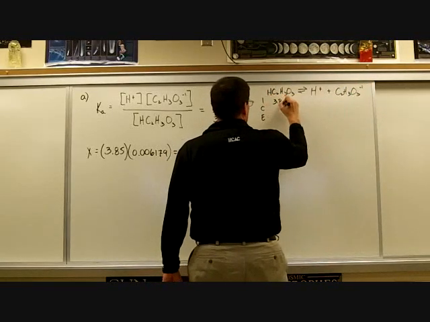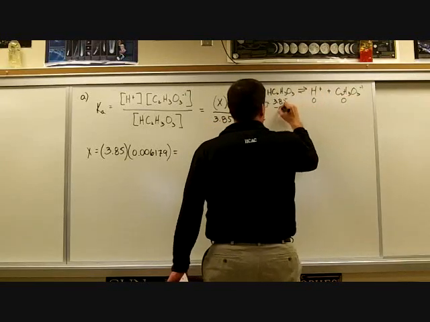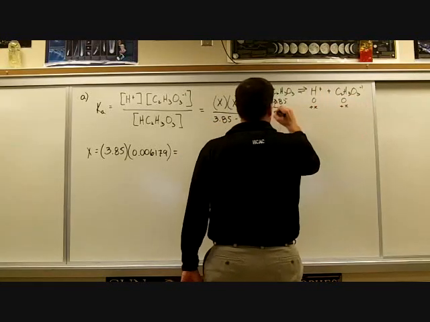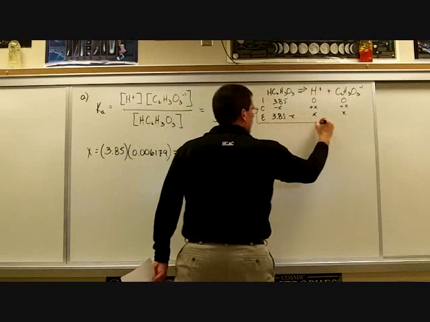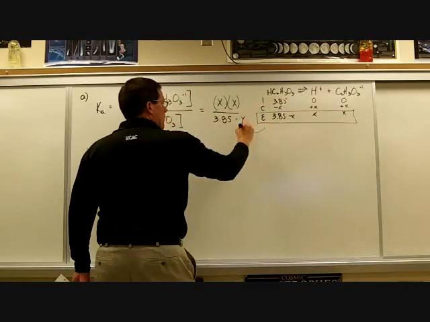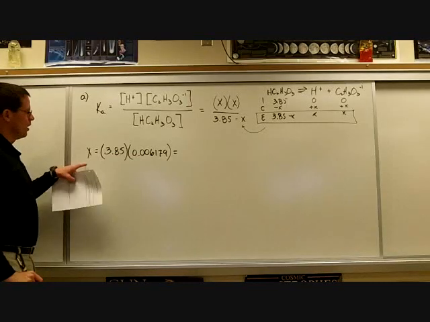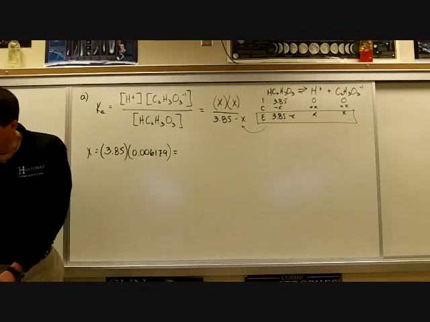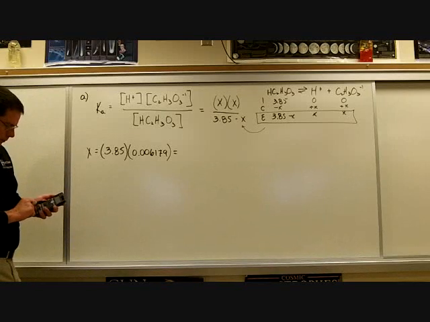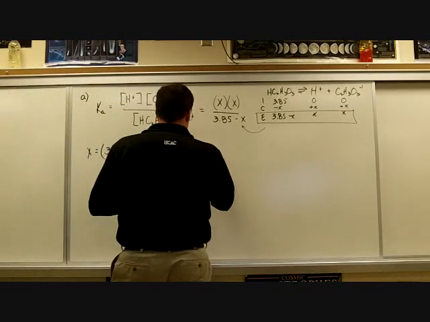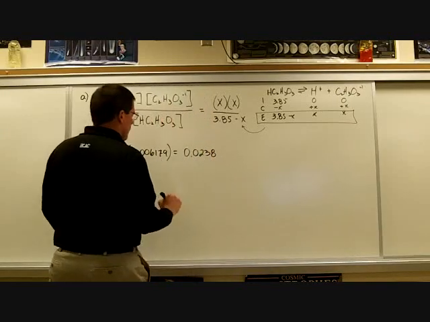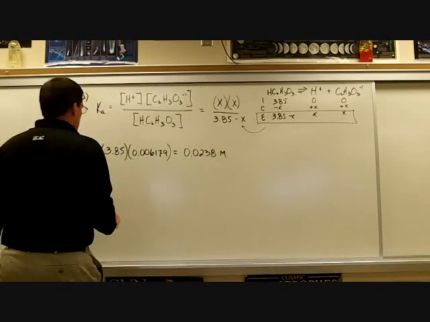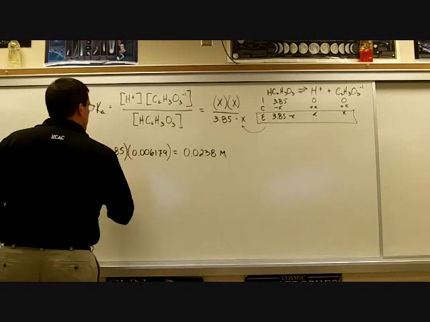So we have 3.85 here, 0, 0, minus X, plus X. And then my X will come from my percent dissociation. And that is our molarity for whatever X is, so now we can plug those values in.